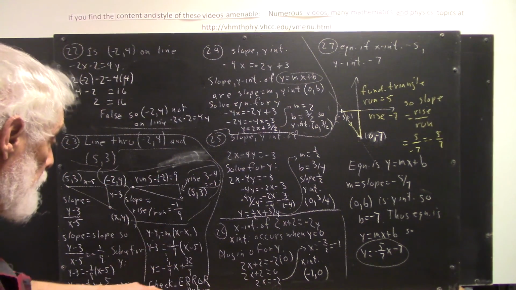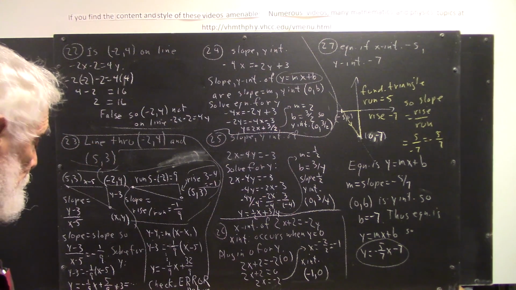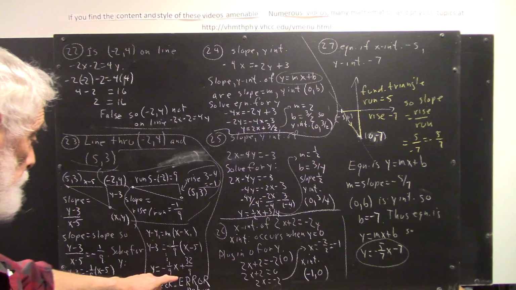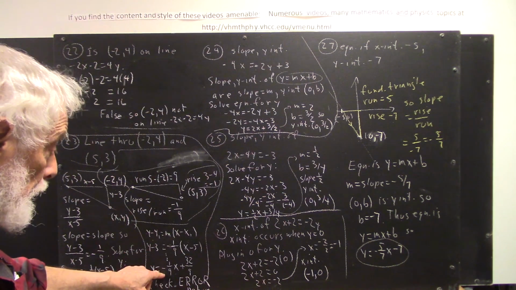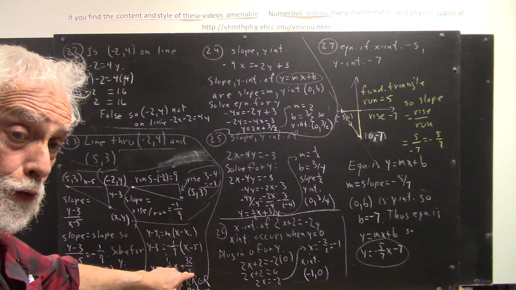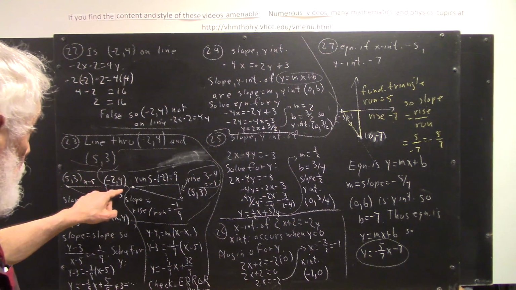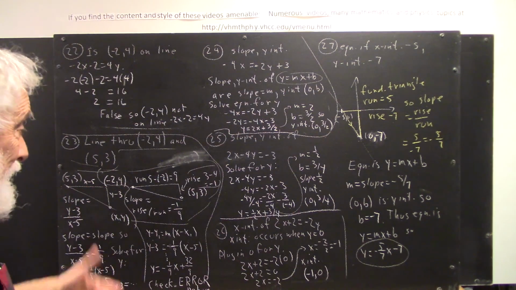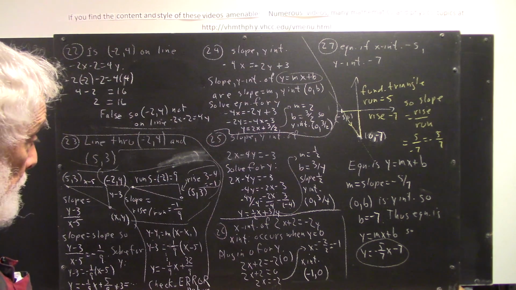I got the same thing, but when I plugged the (-2, 4) coordinates in, they didn't work out. When x is -2, -1/9 x is 2/9. If I add 2/9 to 32/9, I don't get 4, and y has to be 4 when x equals -2. So I did something wrong, and it turns out to have just been a simple bonehead error.